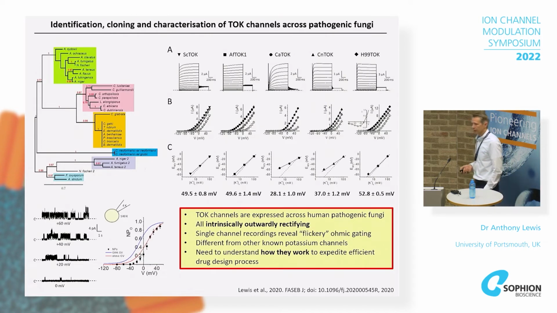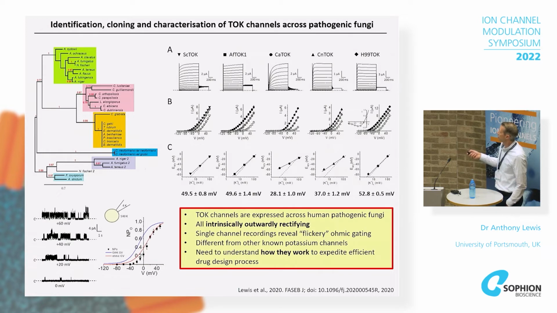So we started by taking the sequence for the originally cloned canonical channel from Saccharomyces, ScTOK, which is here. Used it as bait to do a bioinformatics screen across all, at the time, the sequenced fungal genomes, so there's about 205 genomes at the time.